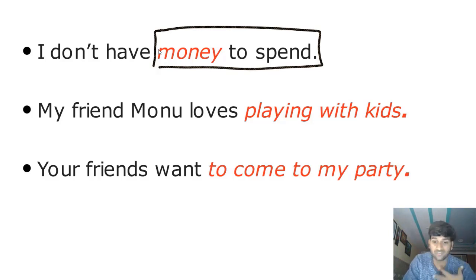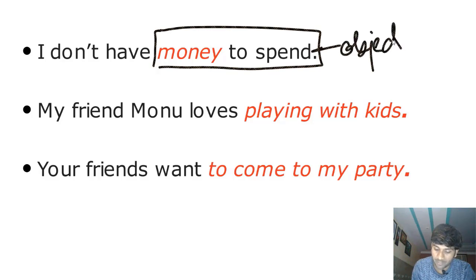If I just said this to you, I don't have, you would say what? What don't you have? Which is very natural to ask. I don't have what? I don't have money to spend, which is an object of the verb have, right? Have what? Money to spend. So it's a verb complement. It's an object completing the meaning of the verb.